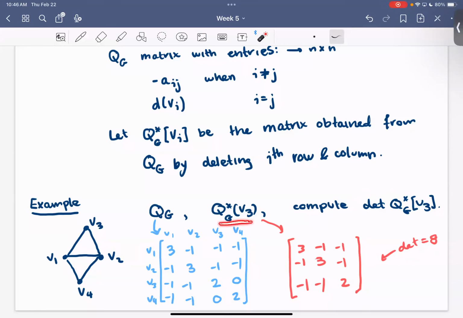one thing about why we need to delete one row and one column. If you look at this matrix, automatically this is going to have determinant 0 because, for example, if you sum across every row, you're going to get 0. What did we put here? We put the degree and then we put minus the number of edges going to each vertex.